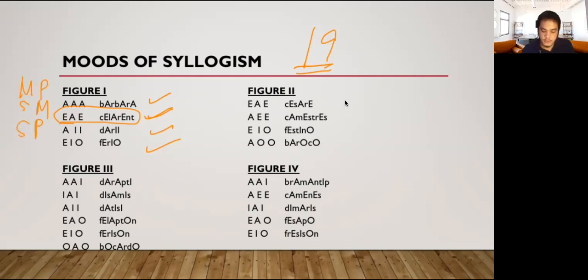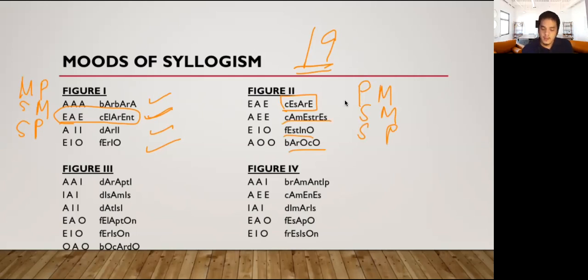For figure two, we have Cesare, Camestres, Festino, Baroco. That's for figure 2.